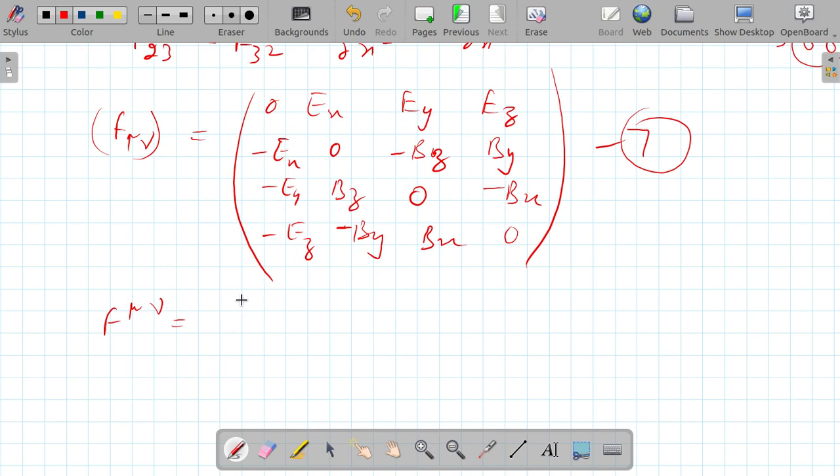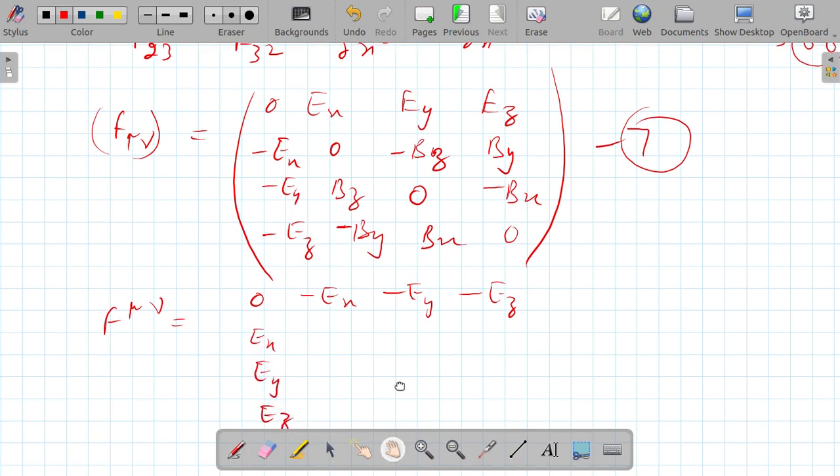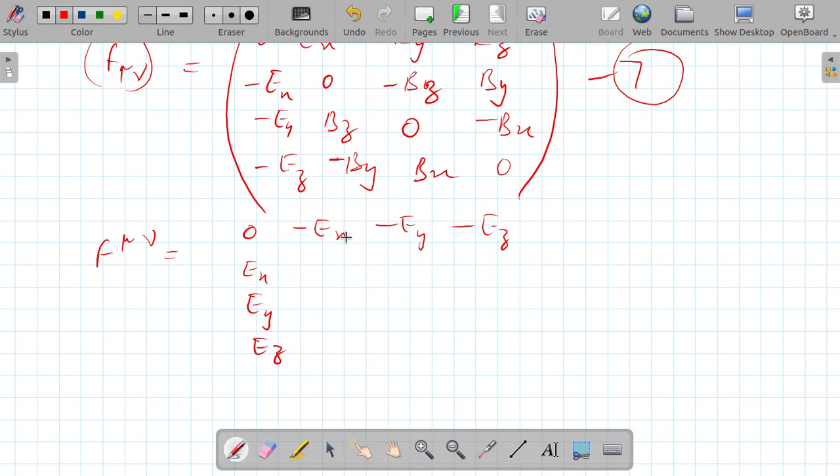So F mu nu can be written as: 0, minus Ex, minus Ey, minus Ez; Ex, 0, minus Bz, By; Ey, Bz, 0, minus Bx; Ez, minus By, Bx, 0.